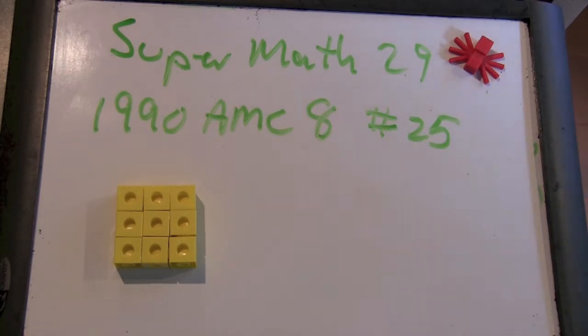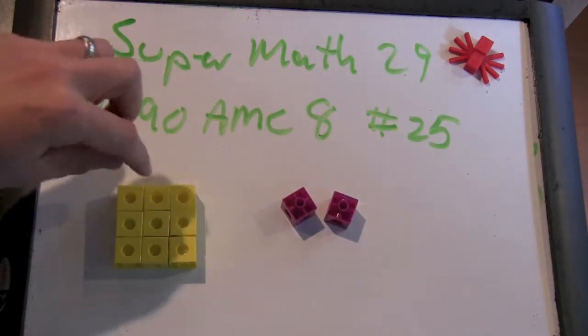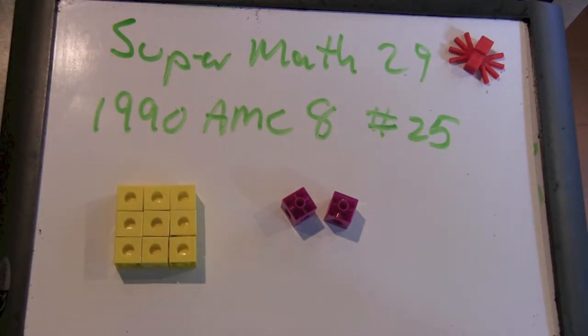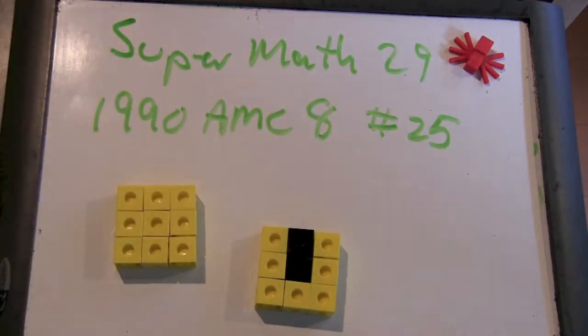On this problem from the 1990 AMC8 number 25. It said: how many different patterns can be made by shading exactly 2 of the squares in a 3x3 grid, with the restriction that patterns that can be made the same by rotation or flips are not to be considered different. They gave an example where they rotated.